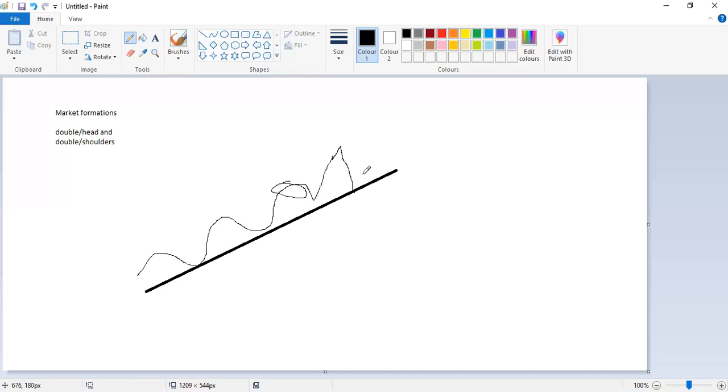At this point, it can do two things. It can come back up, and when it comes back up, it's coming back to test these highs and take out some of the scalpers that are on this point.